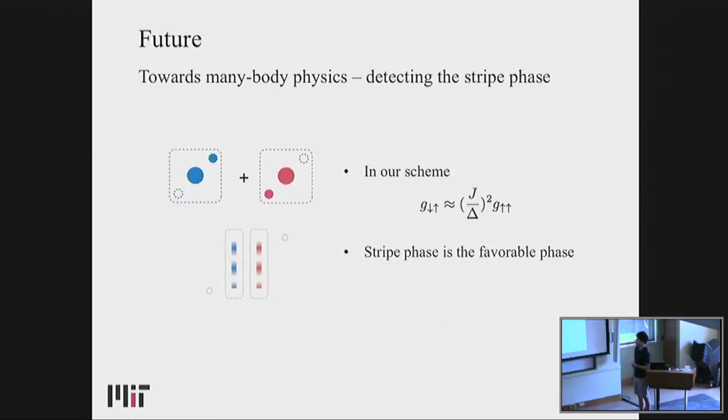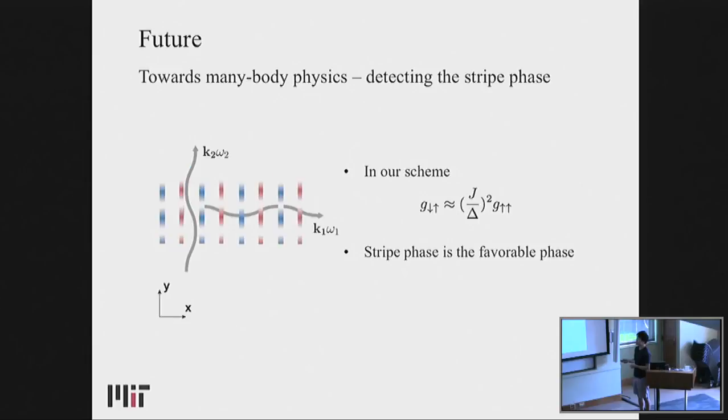So what will the stripe phase be like in our system? If we start with the spin up, spin down, and spin up, and we interfere them together, we can expect stripes along the transverse direction for our system. And this periodicity, we don't have single-site resolution again, but we can detect this periodicity by using the Bragg scattering of the system.